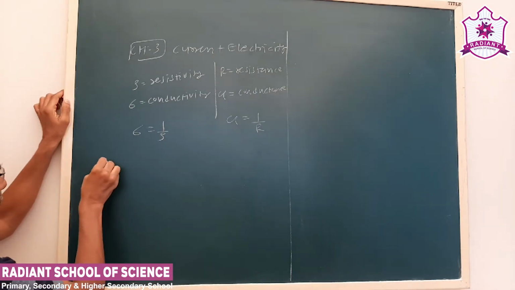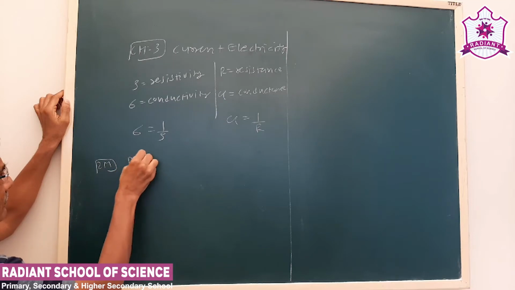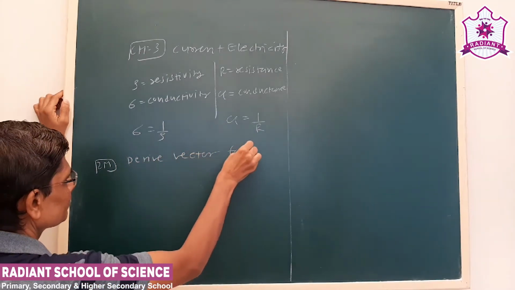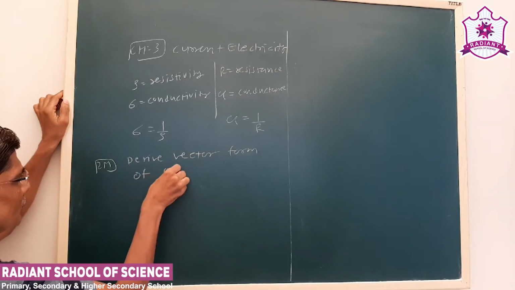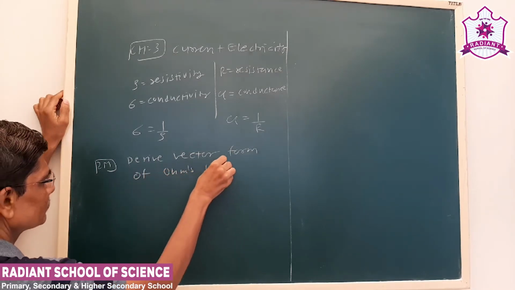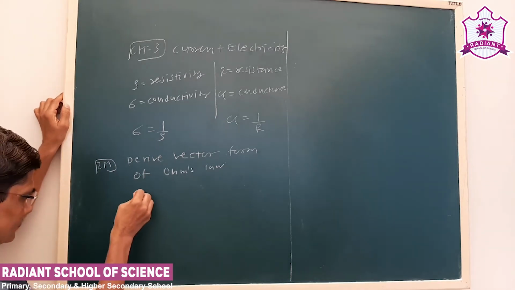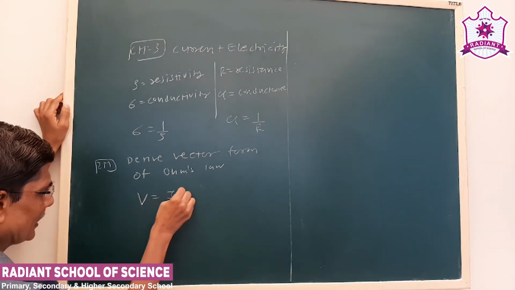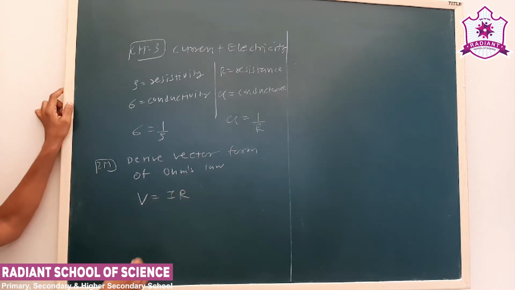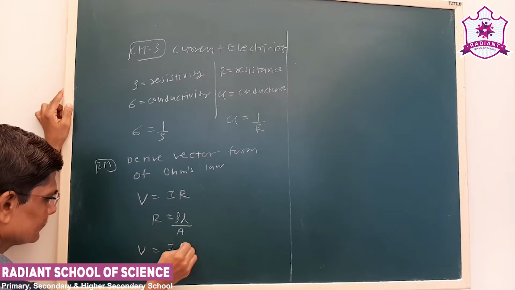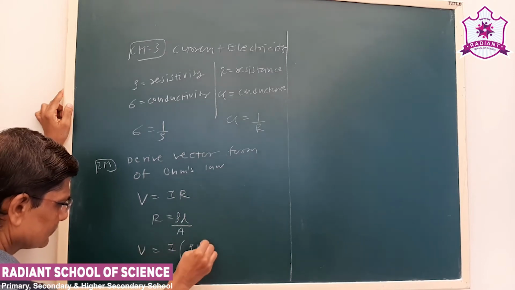So then our next question is like this: derive vector form of Ohm's law. Okay. Now see V is equal to IR, that is Ohm's law. See, just now we have seen R is equal to rho L by A. Okay.